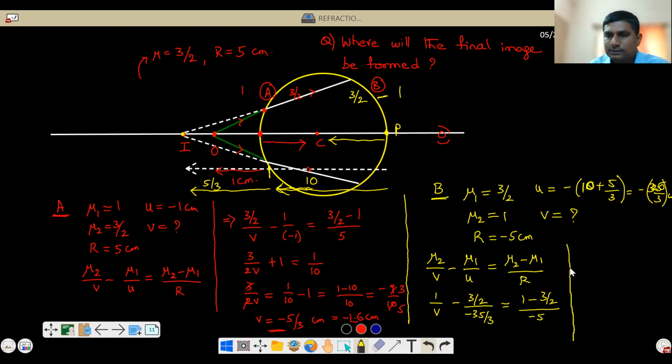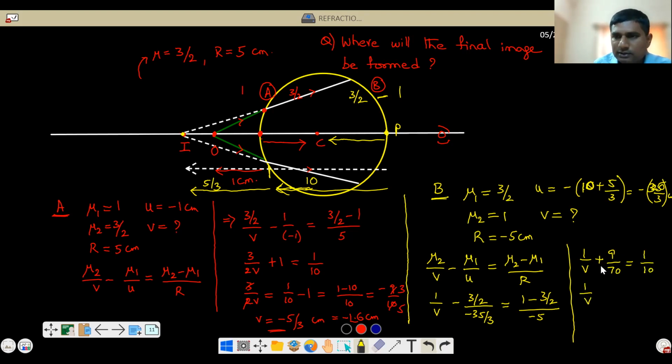Okay, so this implies 1 by V, minus minus will become plus. So that is equal to 9 by 70. 3 3s are 9. 9 by 70 is equal to, this is 2 minus 3, minus becomes plus. So therefore 1 by 10. Correct or not?